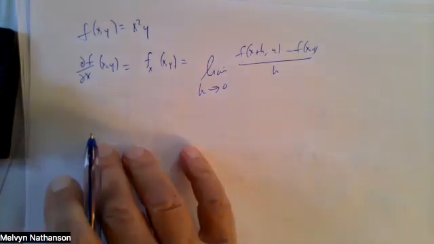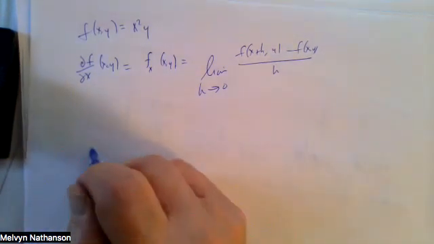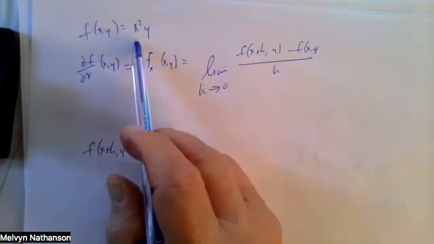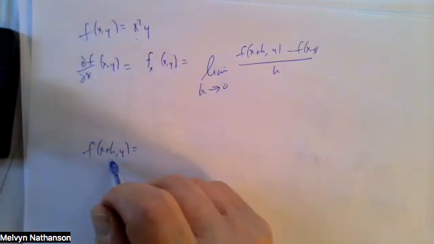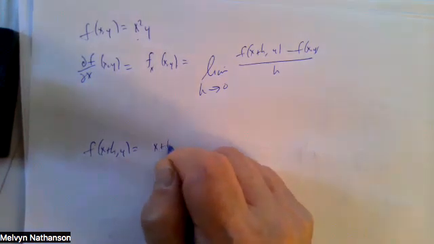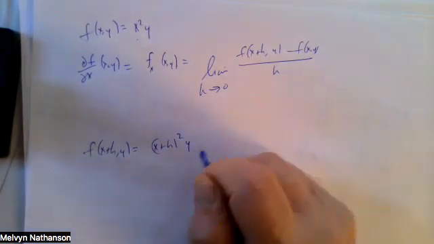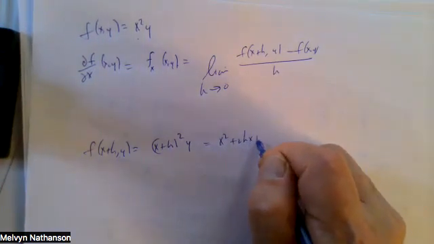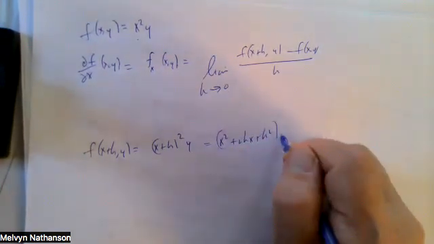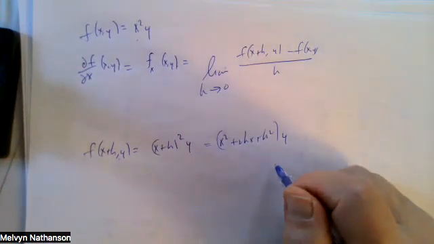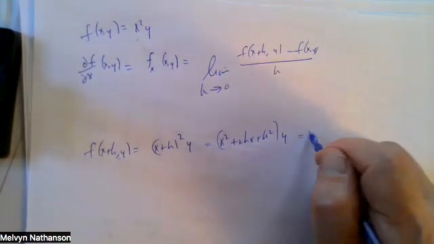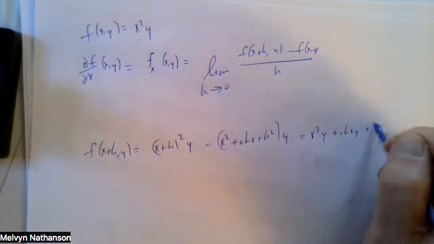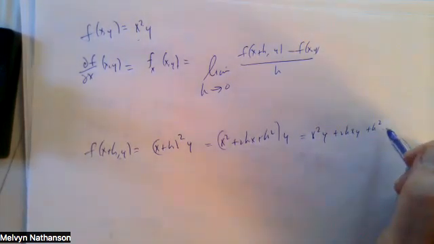So we do this just the way we did in Calc 1. What is f of (x plus h, y)? f is x squared y, so f of (x plus h, y) is (x plus h) squared times y, which is x squared plus 2hx plus h squared, times y, or x squared y plus 2hxy plus h squared y.